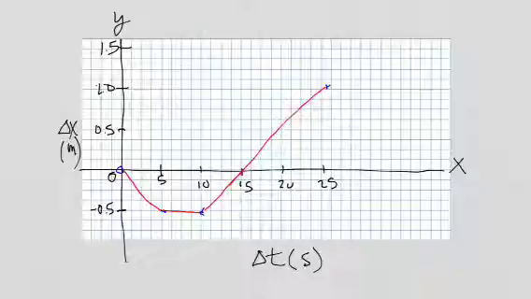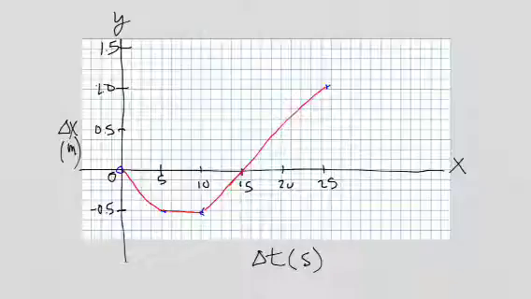What is my final displacement? 1 meter, correct? What is my final distance? Why do you say 2? Because we're taking the absolute value of our displacements.